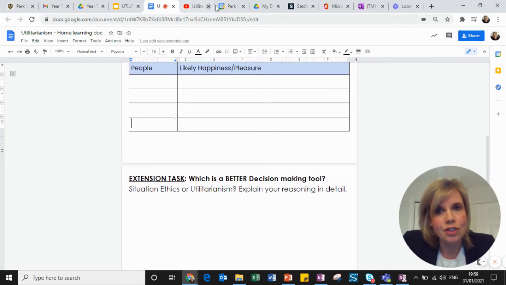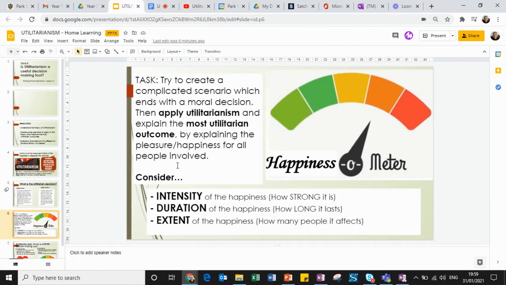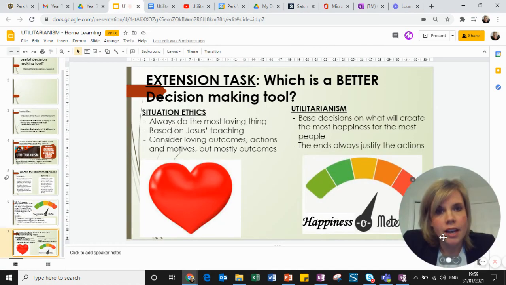And the extension task, which we discussed in the lesson aims, was this: which is the better decision-making tool, last week's theory or this week's theory? And you might want to go back to last week's Show My Homework and skim that theory again and skim what you added, just so you're up with the two.